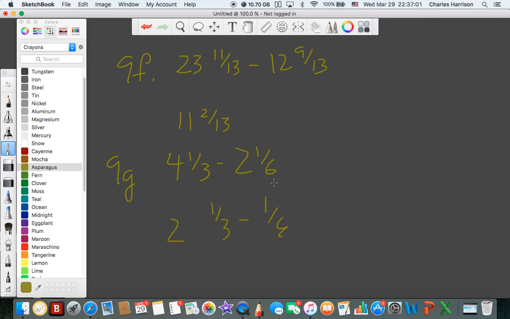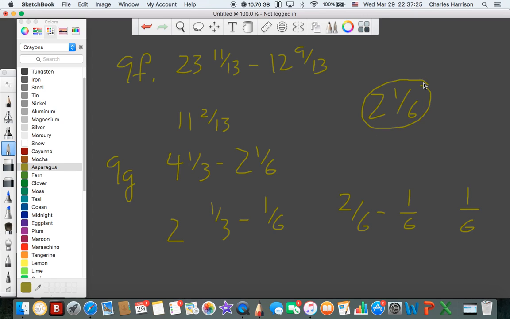The common denominator is 6 in this case, so this turns into 2 over 6, like this, minus 1/6, which just gives us 1/6. So the answer is 2 and 1/6. All right, that was for 9G.